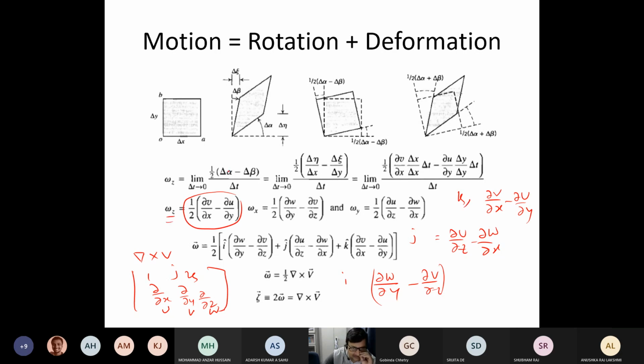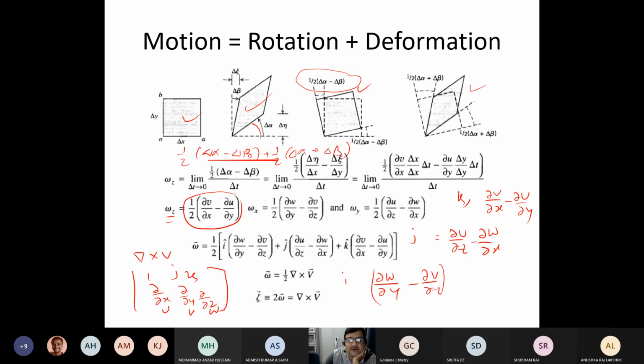So just simply considering these kinematic arguments, this particular thing has gone to this. It's a combination of a rotation and a deformation. Rotation amounts to half of delta alpha minus delta beta. So delta alpha is this and delta beta is this. So I'm just considering half of delta alpha minus delta beta plus half of delta alpha plus delta beta.